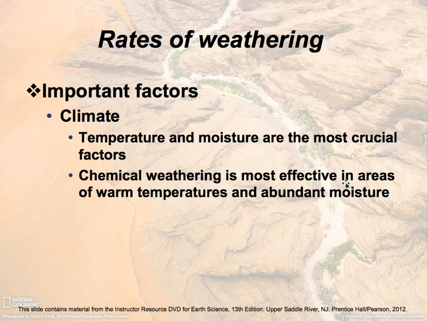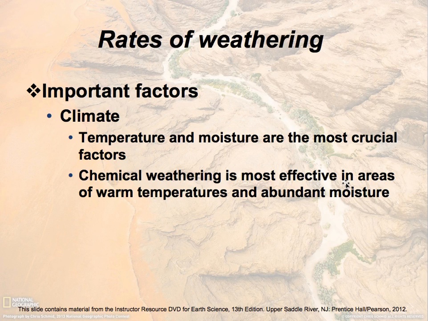Rates of weathering are controlled over long periods of geologic time by climate. That is the long-term averages in the weather. It's not just weather, whether it's rainy one week or rainy or cold over a couple days. Climate is the long-term averages of weather. So temperature and moisture are the most critical factors in chemical weathering, and actually in mechanical weathering too.